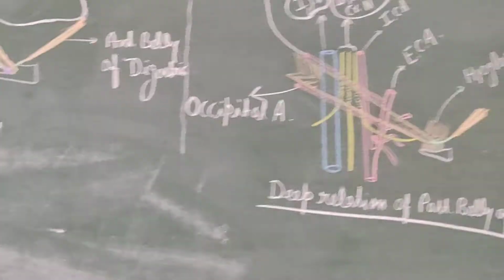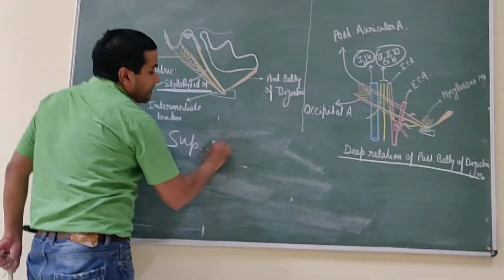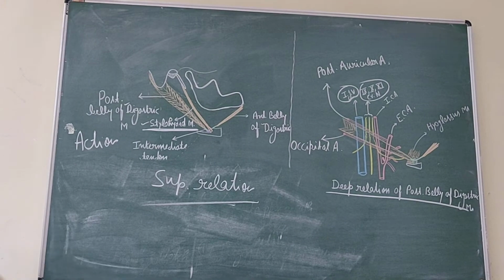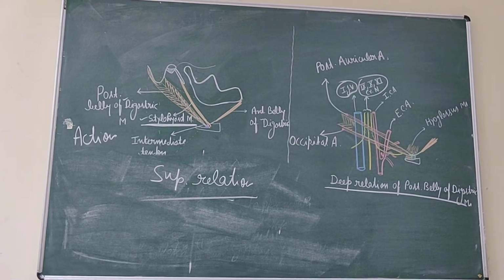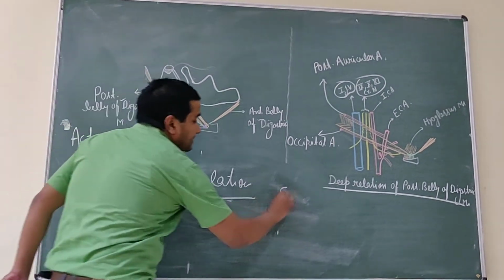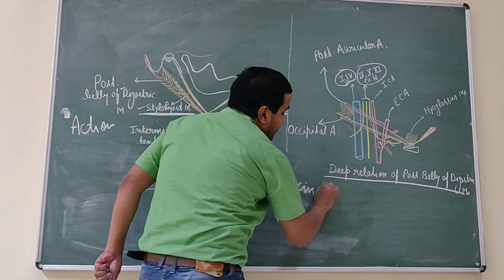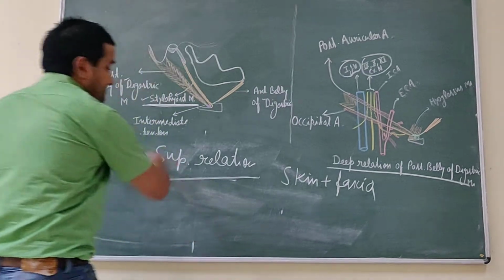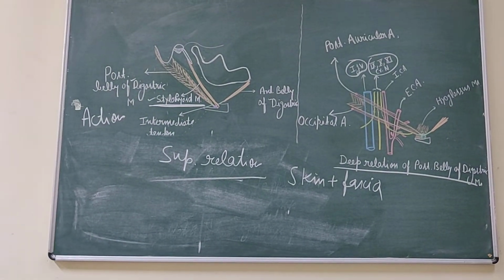Now if you see the superficial relations of the posterior belly of the digastric, it is covered by skin and fascia.